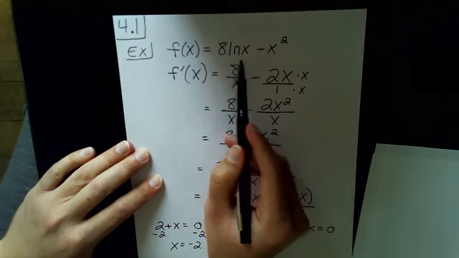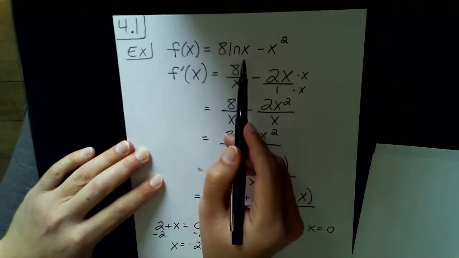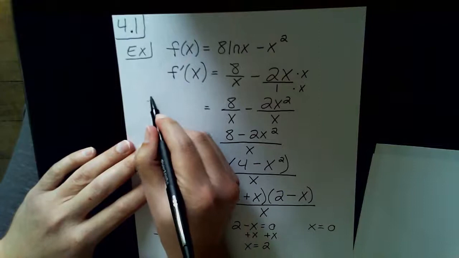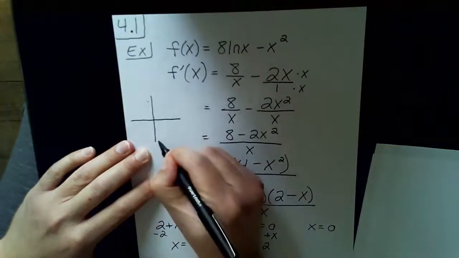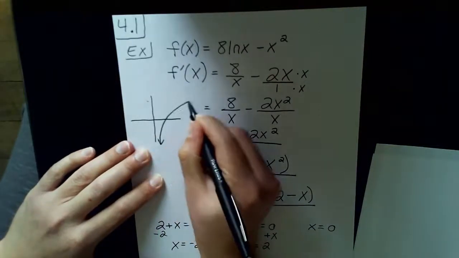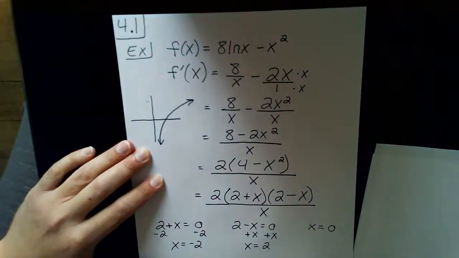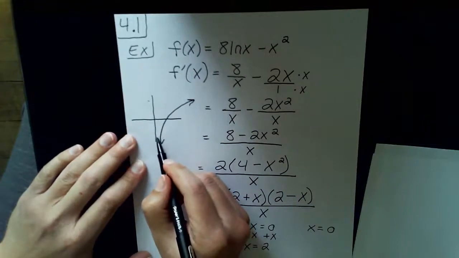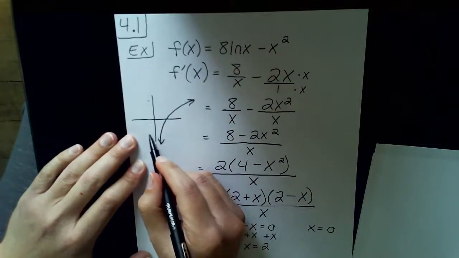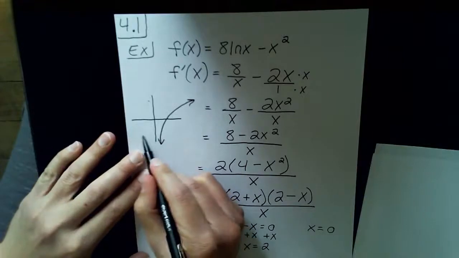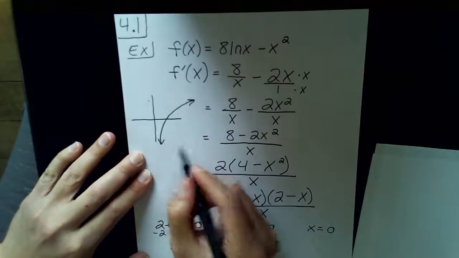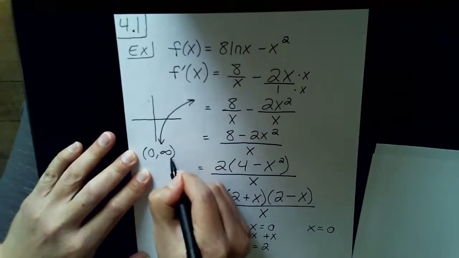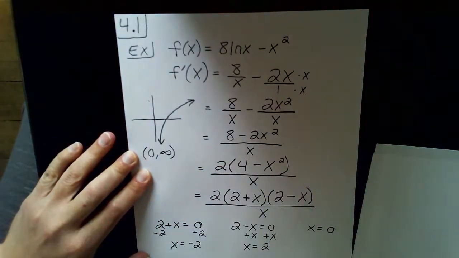So thinking about natural log of x, remember that the graph of natural log of x, I'll go ahead and put it over here, looks something like that. Notice that we cannot plug any x value that is less than or equal to 0 into this because there is no graph that results from it, meaning the domain is 0 to infinity.